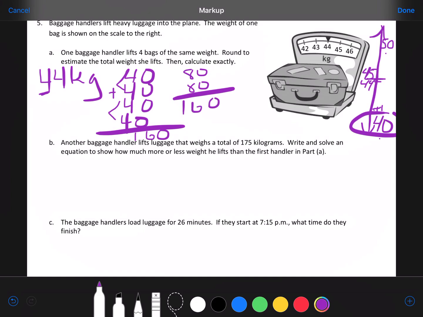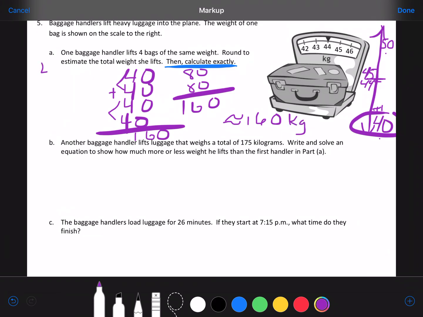And so we want to say it's about 160 because we use the about sign when we estimate. But then it says you need to calculate exactly. So let me erase a little bit of this so that I can do it. Oh, and let's add the word kilograms to that.